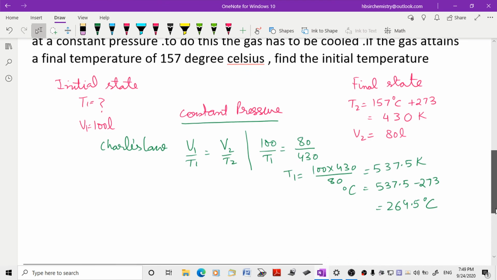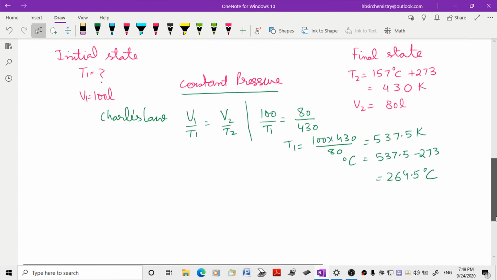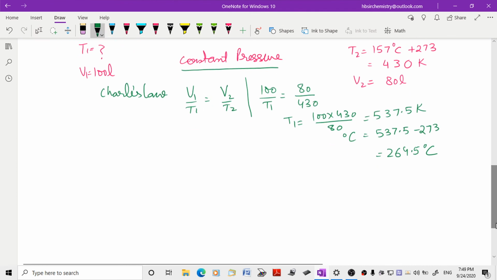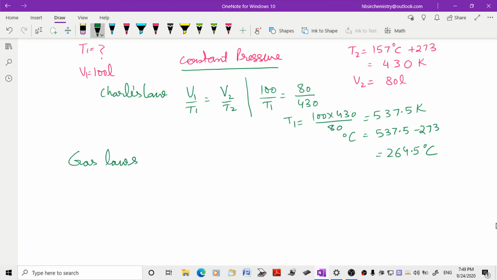I'll be solving more and you need to practice, and also send me the questions. See, in the gas laws, let us take two small concepts here. Gas laws are the relationship between pressure, volume and temperature. This pressure, volume and temperature are also known as state variables.